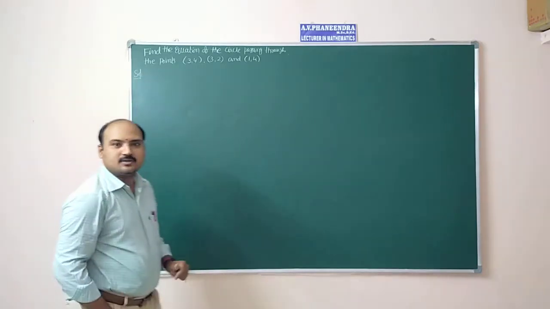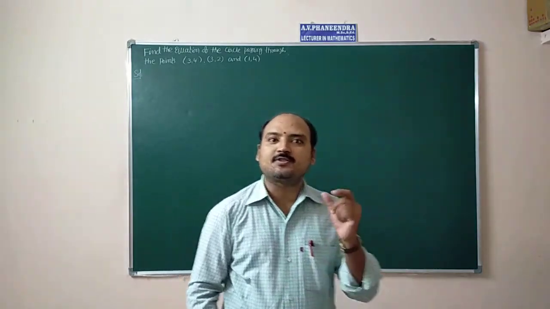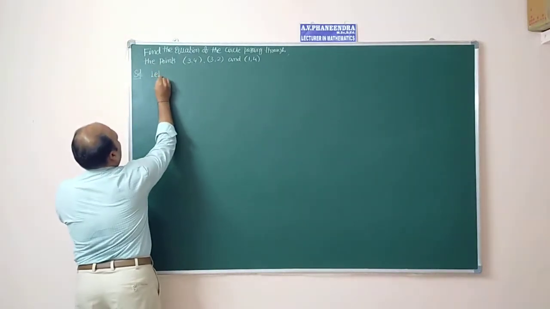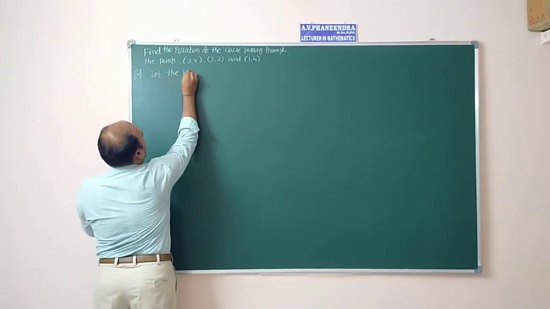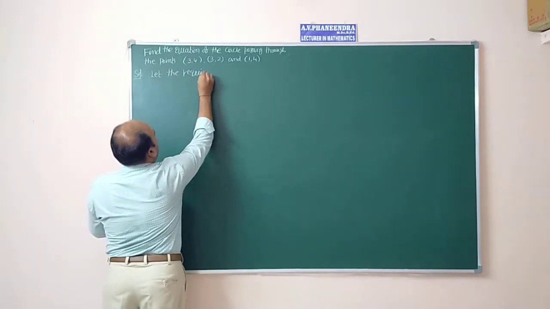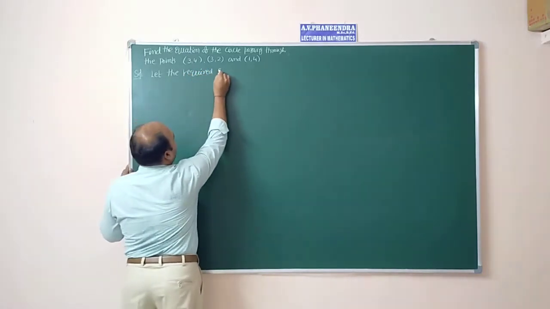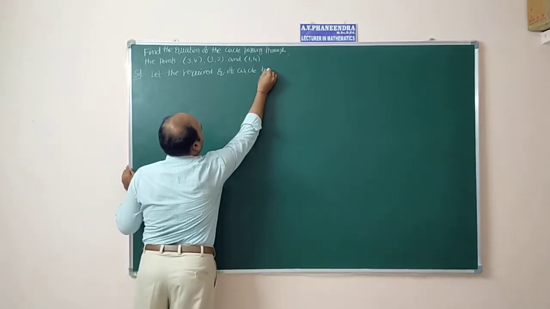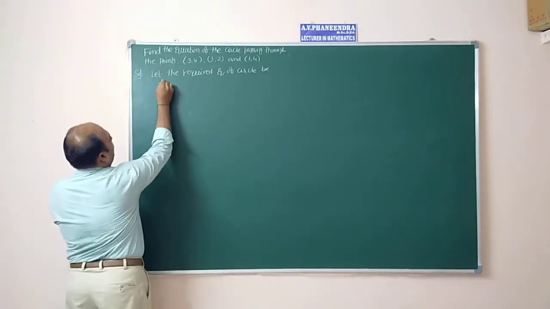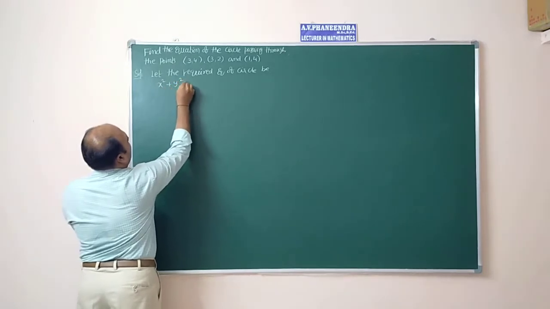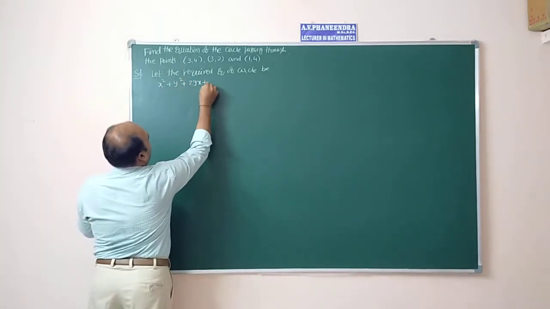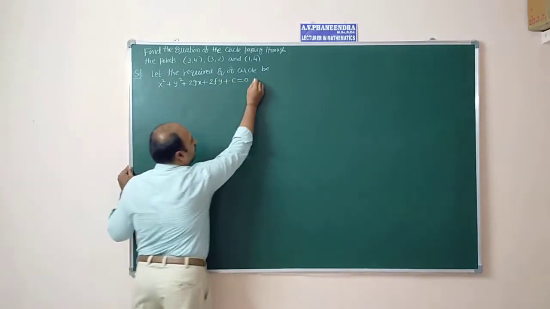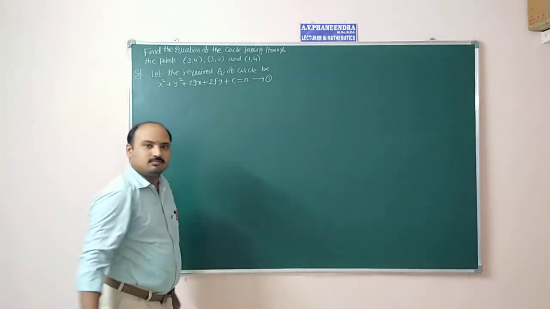The first step: let the required equation of circle be the general equation of circle x squared plus y squared plus 2gx plus 2fy plus c equal to 0. Call that equation number 1.